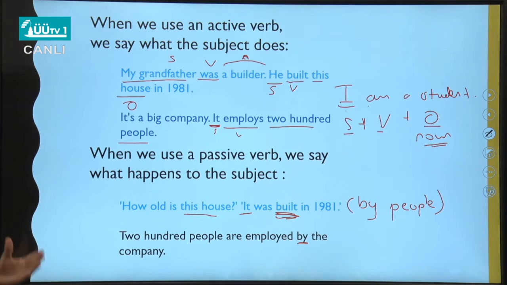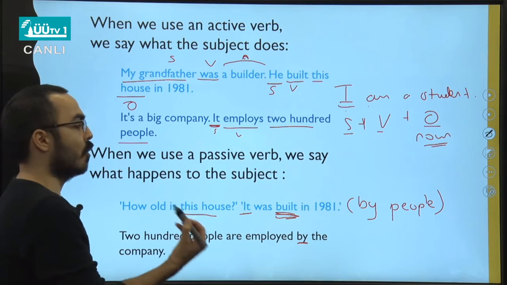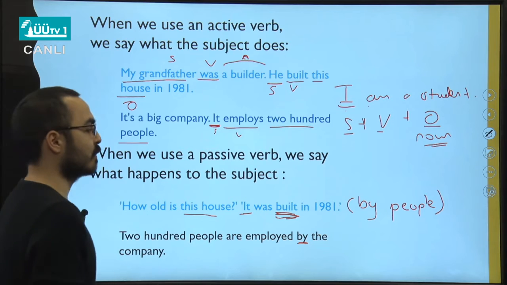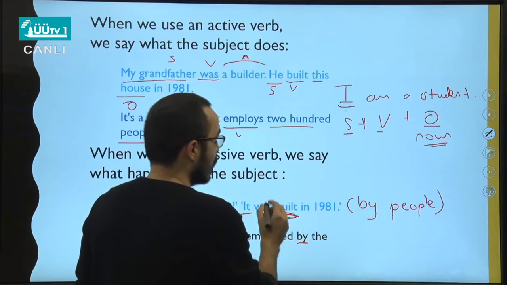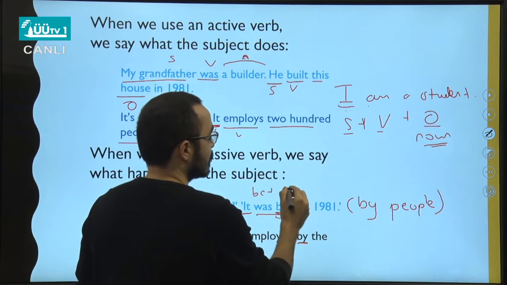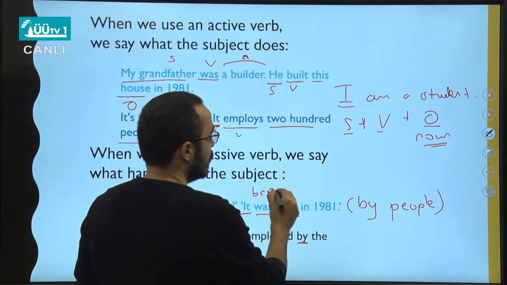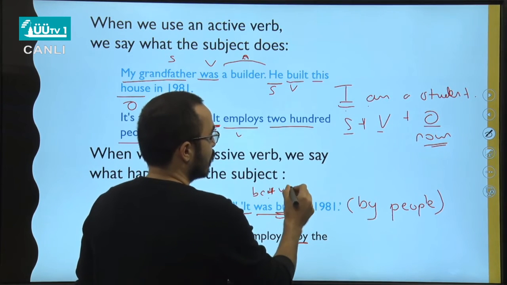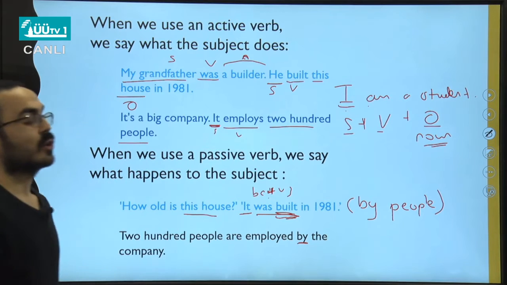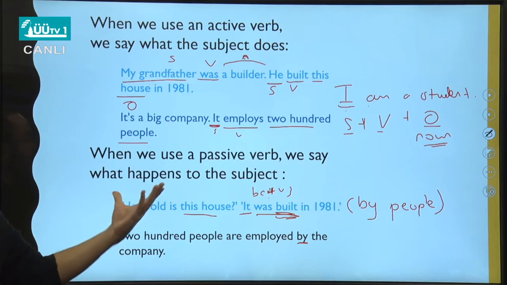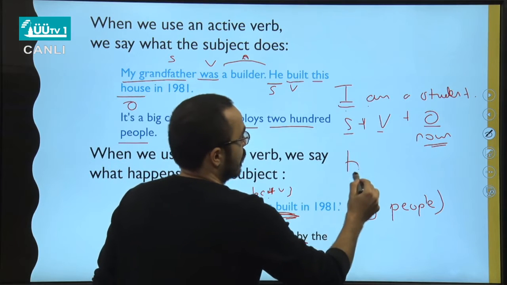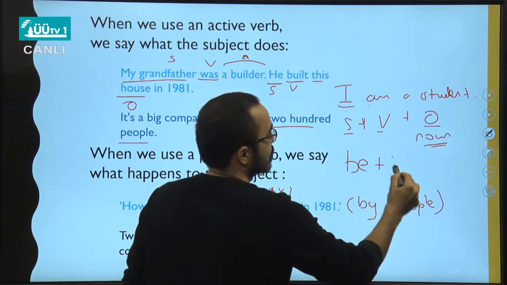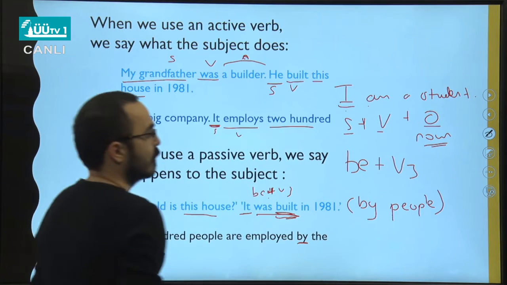Now, okay, a subject is the doer of the action, right? The action here is build. So I use be plus the verb 3 here, right? The passive voice is going to be about this actually. Let me write again. Be plus verb 3, right?